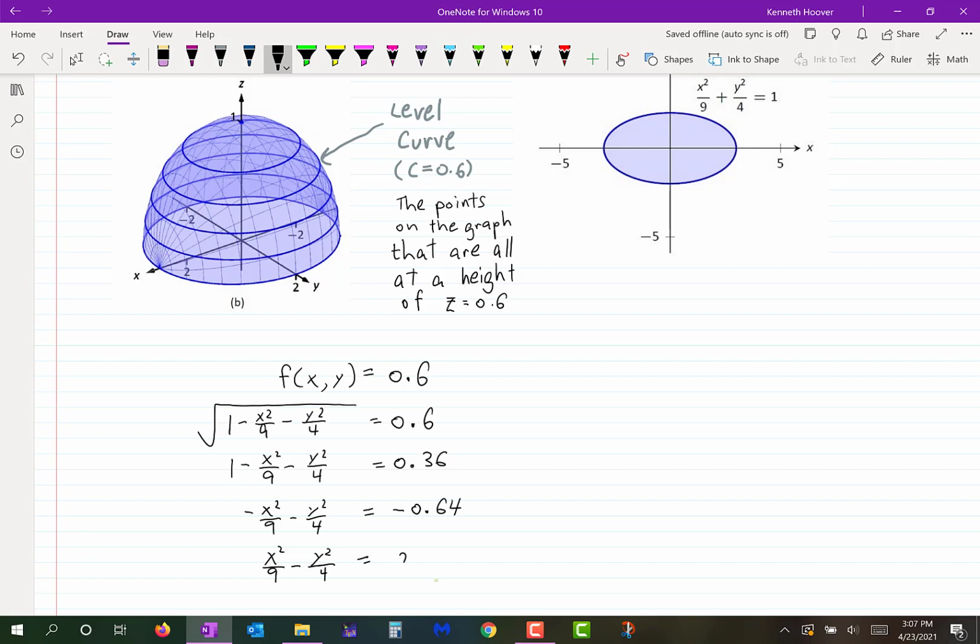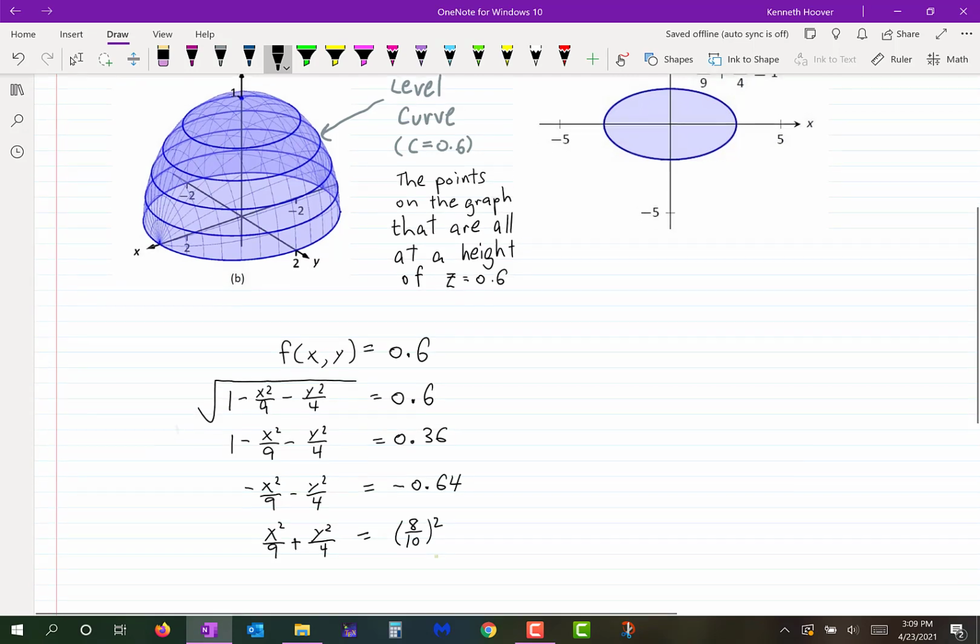equals positive, well, that should be a plus there, sorry, positive 0.64, which, by the way, is 0.8 squared. I'm going to write it that way, 8/10 squared, okay?